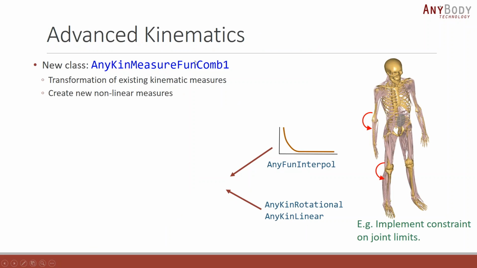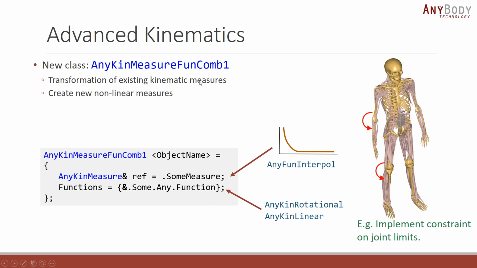So the class is called AnykinMeasureFunCombi. You will write this in the code. The code will look something like this if you put it into the AnyScript class. It will contain a reference to some existing measure, and then some functions. I see here that I flipped the arrows here.